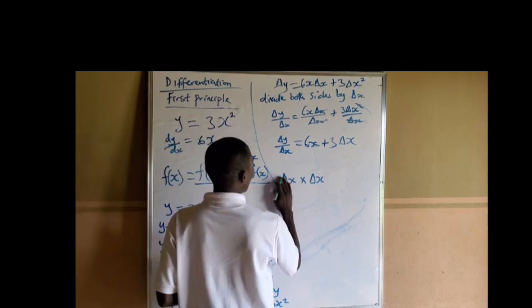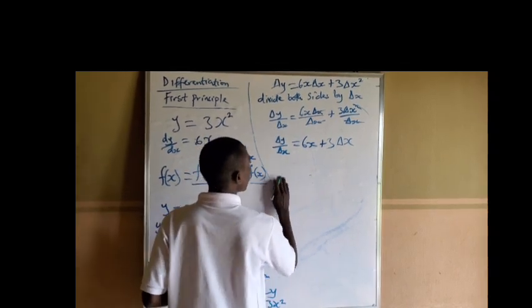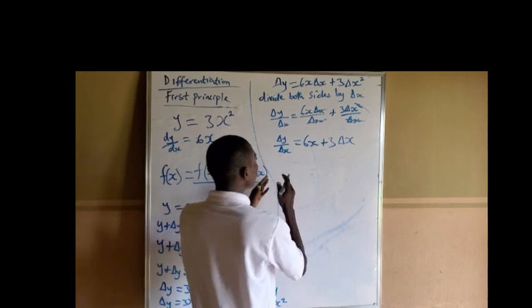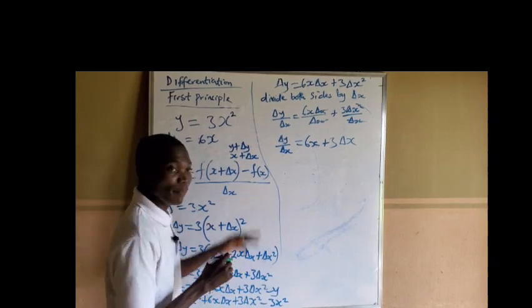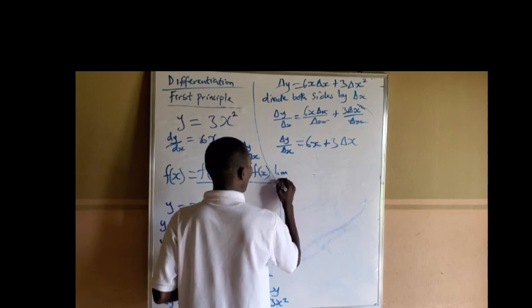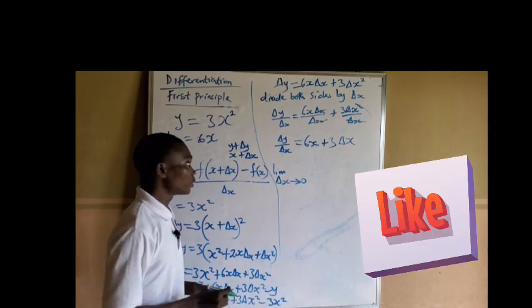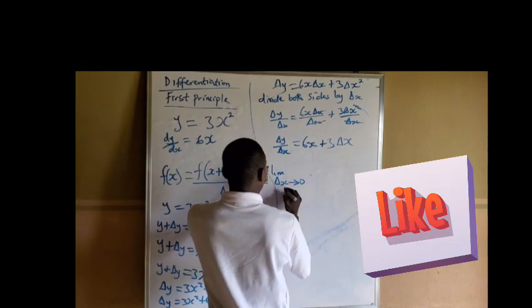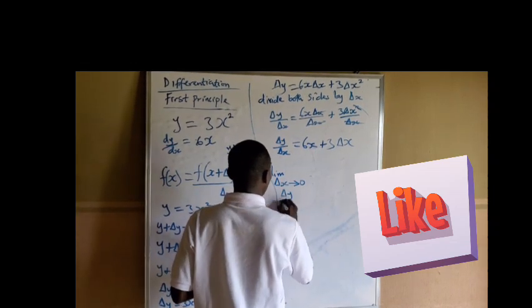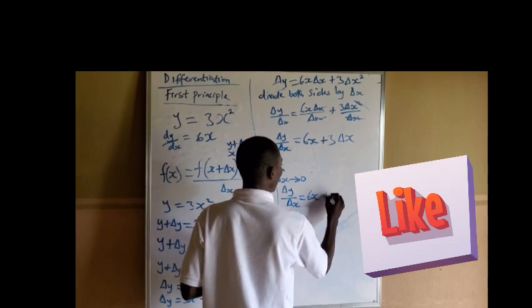All right. What we are going to do next is that you will take the limits, taking the limits as change in x approaches 0. So we have change in y over change in x equals 6x plus 3 change in x.